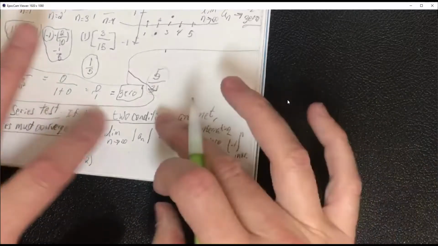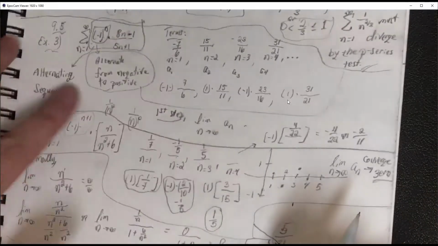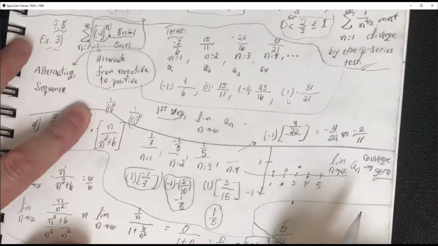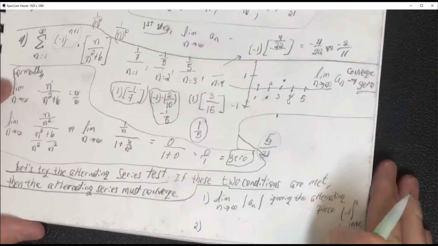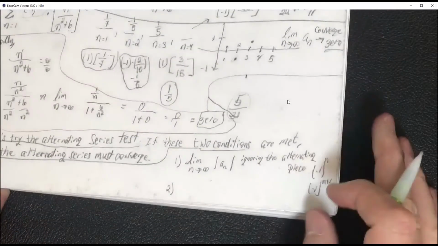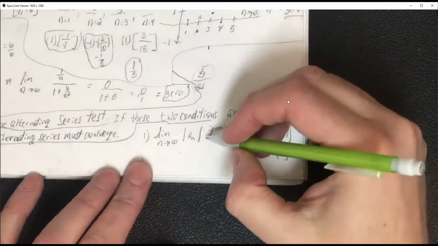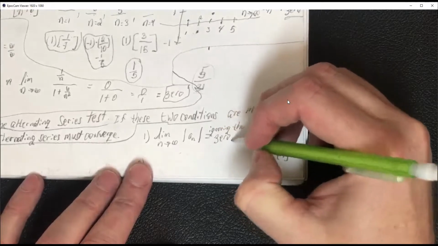Either take the absolute value of the whole thing, which then just means ignoring that, or just say ignoring that. Whichever way you want to say it, it does the same thing. And this limit, ignoring the alternating piece, has to equal 0. It has to equal 0.